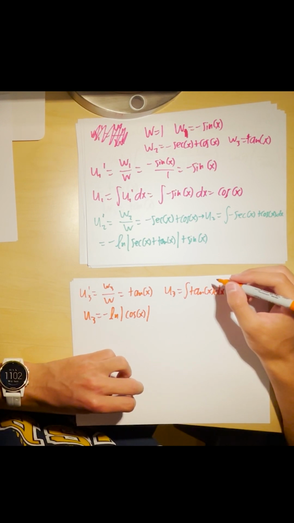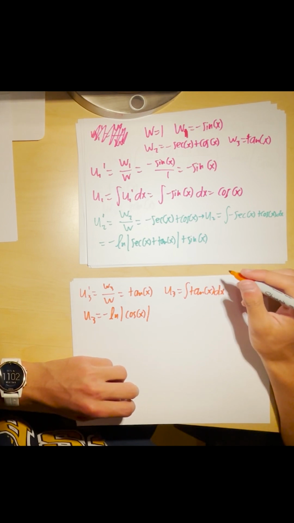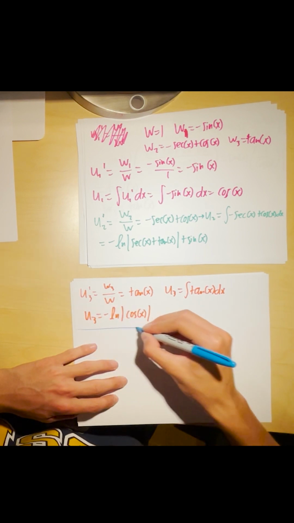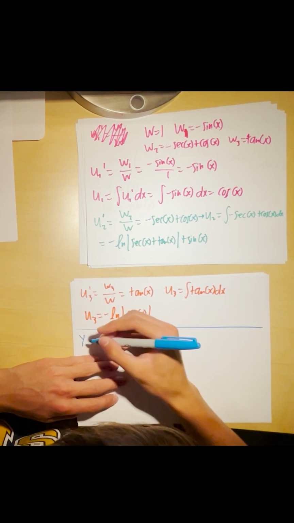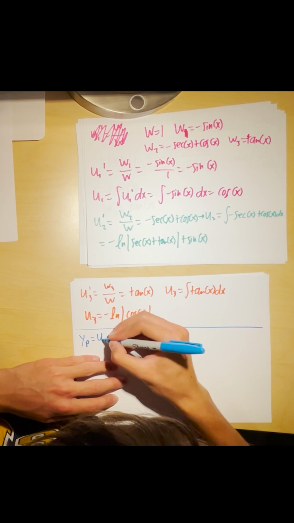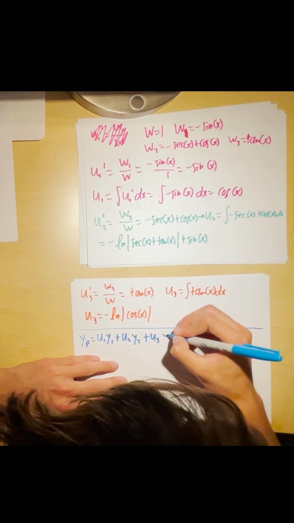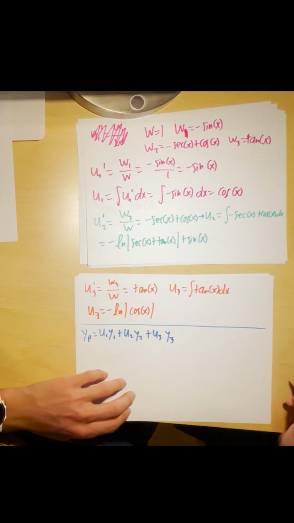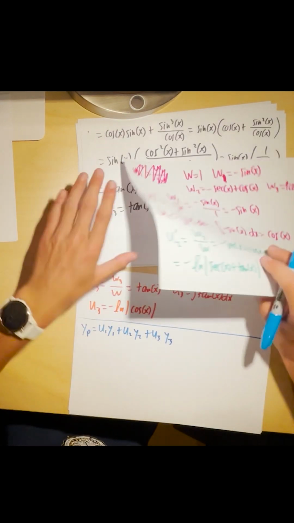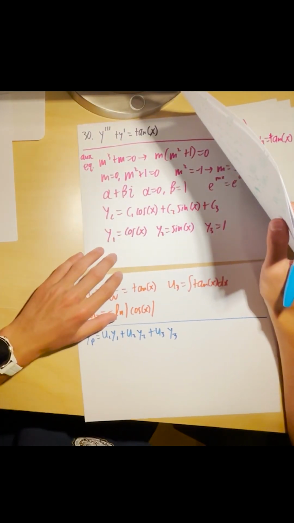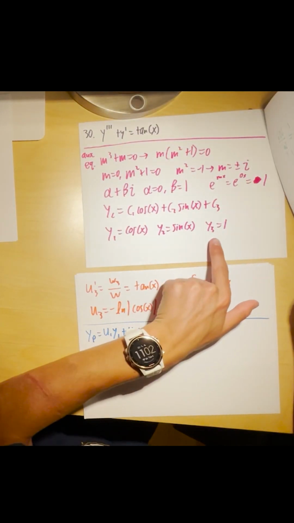Now we can make our particular solution. Remember, we said yp equals u1 y1 plus u2 y2 plus u3 y3, and from all the way back we figured out y1 is cosine x, y2 is sine x, and y3 was 1.